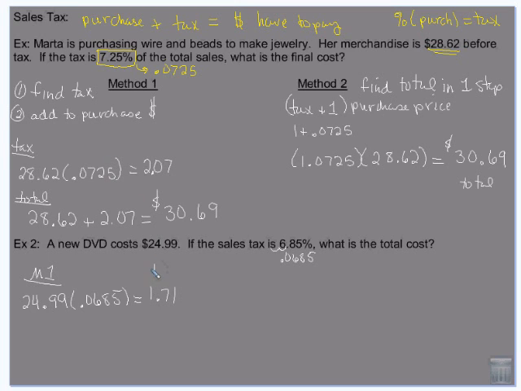This is tax. And then the total would be that $24.99 plus the $1.71 to get $26.70.